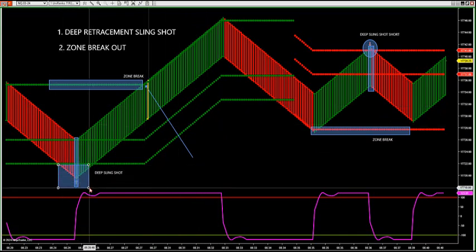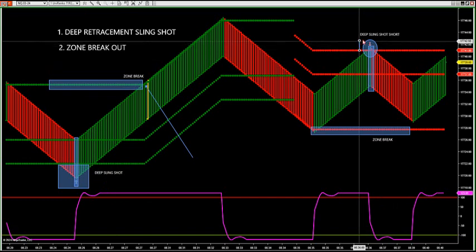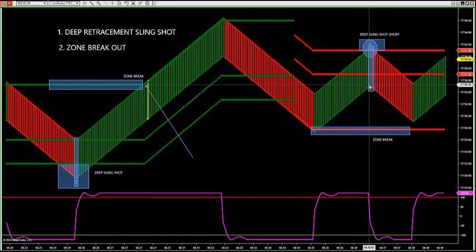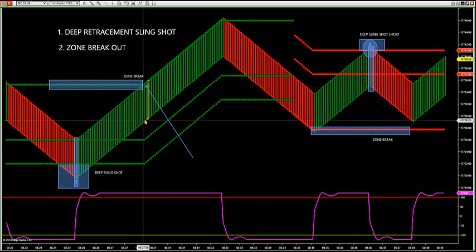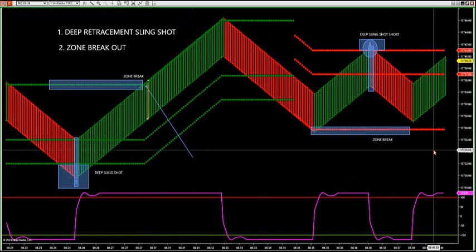We want to close outside of the zone for a deep retracement. We want to close outside, at least by one candle, of the zone for retracement, and then the arrow fires when it closes back inside, with an audible alert. Then when the zone breaks, you'll have a yellow bar that will form on the breakout. Okay?